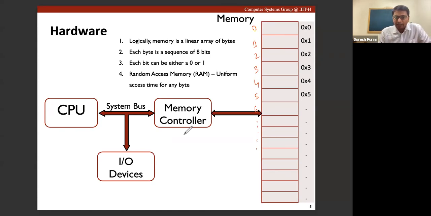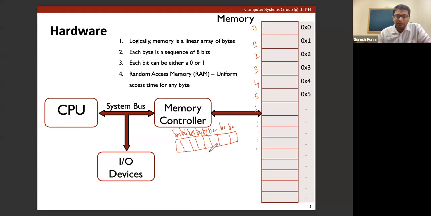And every byte, I really want you to understand this concept. These ideas are very important. Every byte is a collection of 8 bits. Byte means 8 bits. So, for example, this is B0, B1, B2, B3, B4, B6, B7.